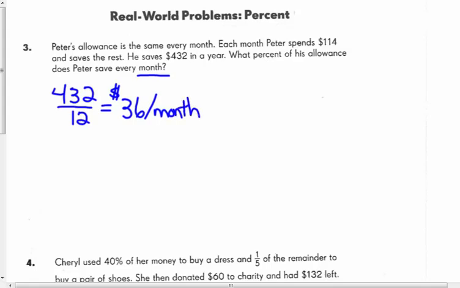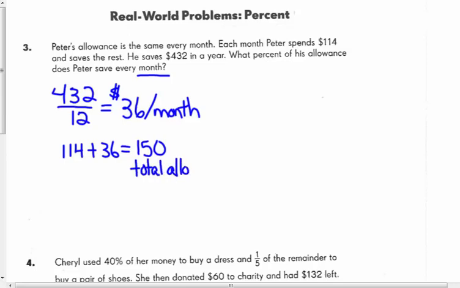So he saves $36, but he spends $114. So I have to add my 114 plus my 36 to get that he has a total of 150 coming in. That must be his total allowance.